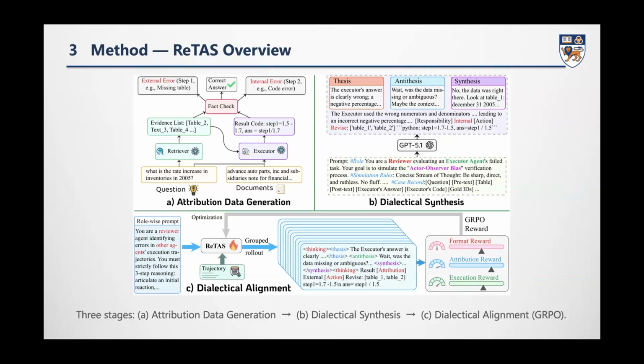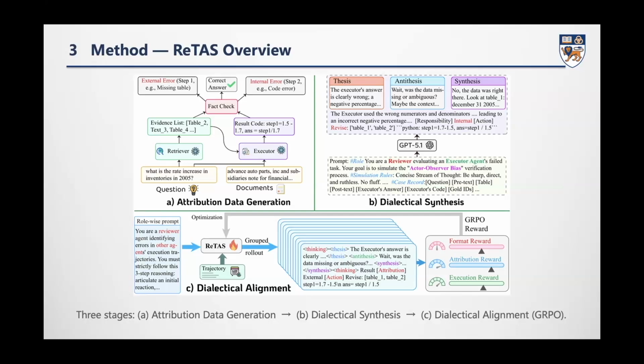After we distinguish the different errors, we can generate the thinking process in three steps: thesis, antithesis and synthesis. The first step makes the agent think from its own perspective. The second asks it to think from the opposite perspective. And the final one is a comprehensive conclusion.